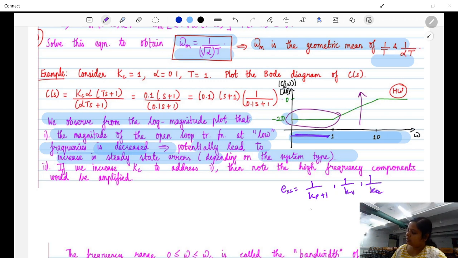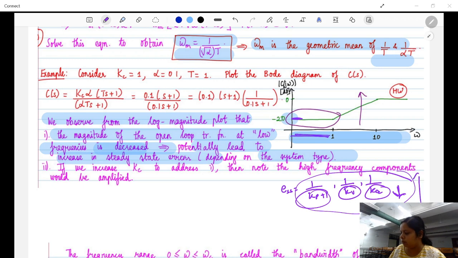So if it is of all these types, if the magnitude is really low here, it is decreased here, the gain is really low here, that means that all of these quantities will have low magnitude, and if they have low magnitude, then the overall steady state error becomes larger, right? So that means that this low gain creates a problem with steady state error.